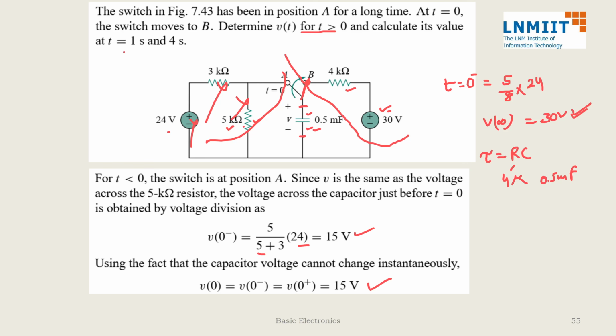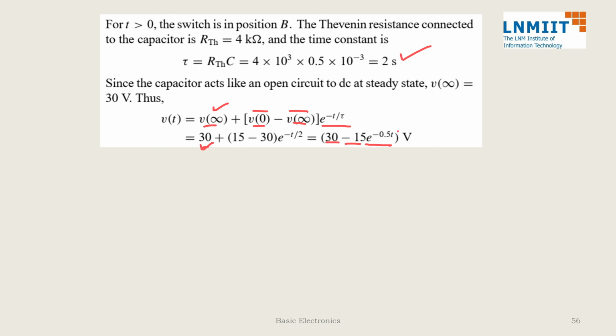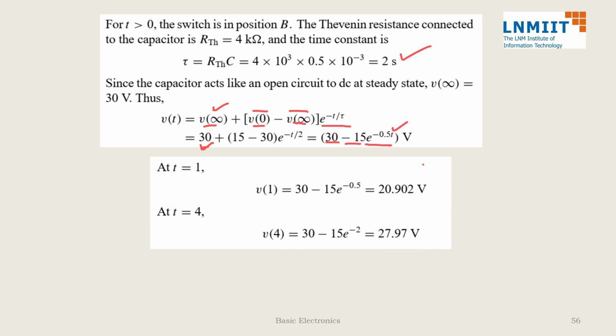Now in the question they were asking what is the value at t equal to 1 second or 4 second. Nothing complex here, just put t equal to 1 and t equal to 4 and you will get your answers. And as you realize, we said that at t equal to 4 tau or 5 tau, the capacitor will fully charge or discharge.